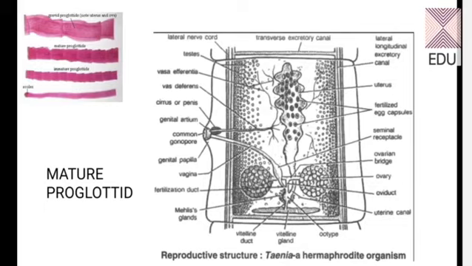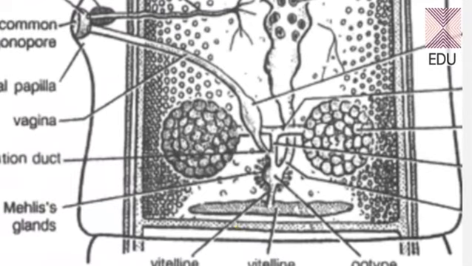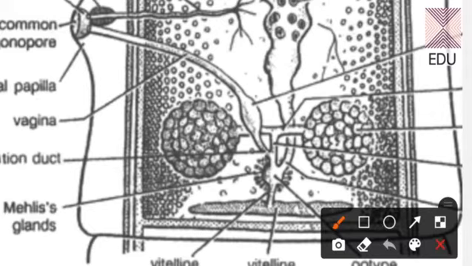So what will be the physiology? First of all, what happens, the sperms are carried from the vaginal duct up to the oviduct. So if we go by the process of fertilization, here the sperms are entered.